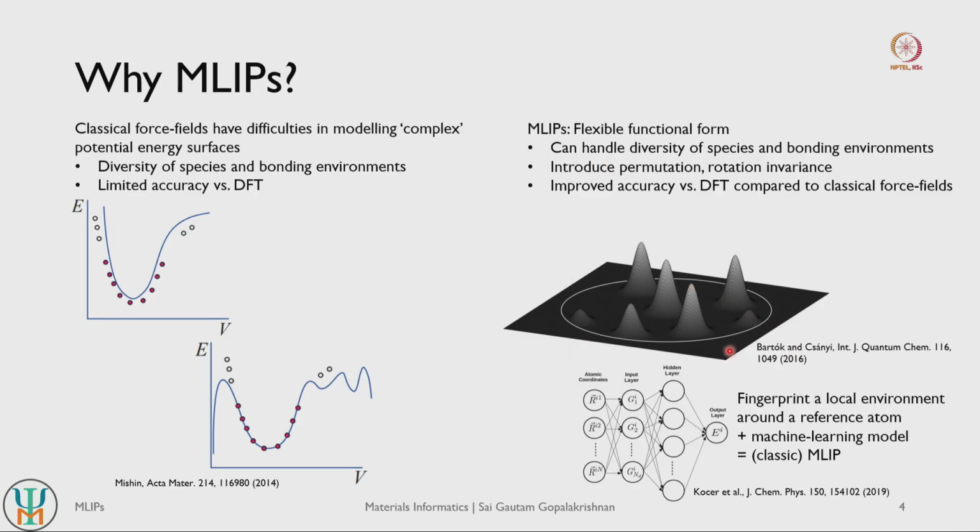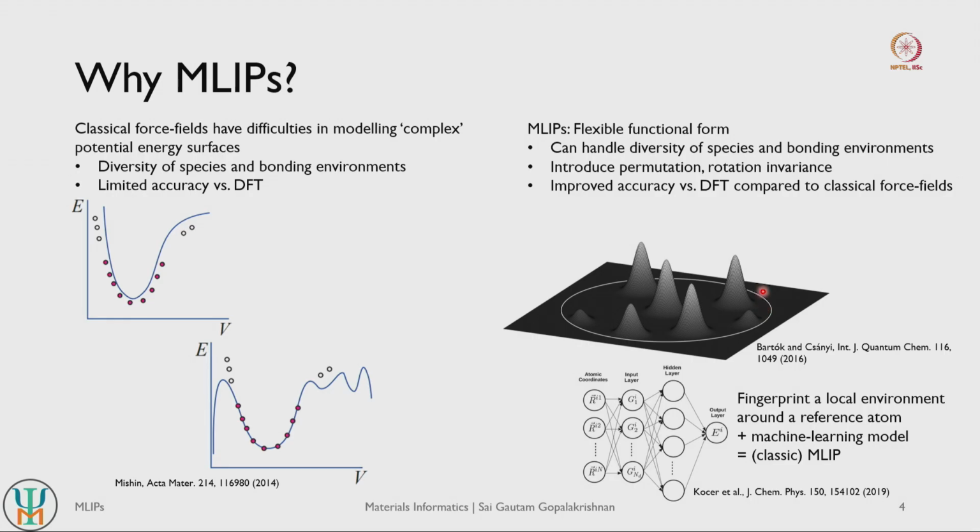To visually understand what we try to do with our machine learned interatomic potentials, let's say we have an atom of interest, sitting here. We draw a sphere of influence around the atom. I am showing a projected view here. The atom of interest will have other atoms that are bonded to it within its sphere of influence.